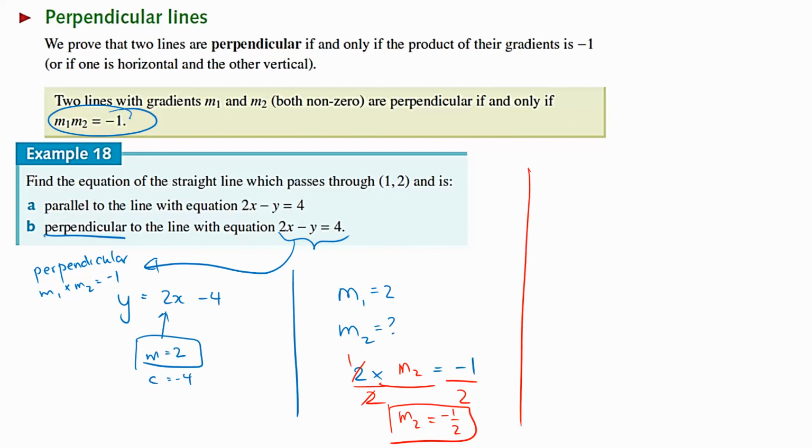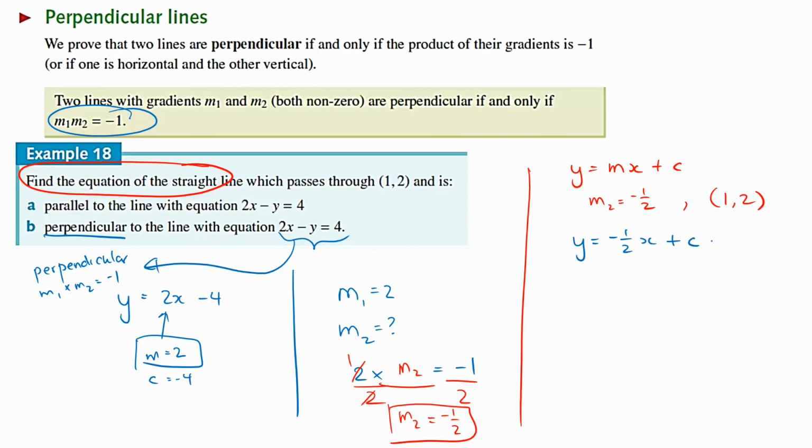Now that's nice because remember at the end of the day you were trying to find the equation of a straight line, which is y equals mx plus c. Because you know it's perpendicular, you figured out that m2 has to be negative half. You got the point that it passes through, 1, 2. So now same thing again. Going back to exercise 2C, you got y equals, you know the gradient has to be negative half for it to be perpendicular.